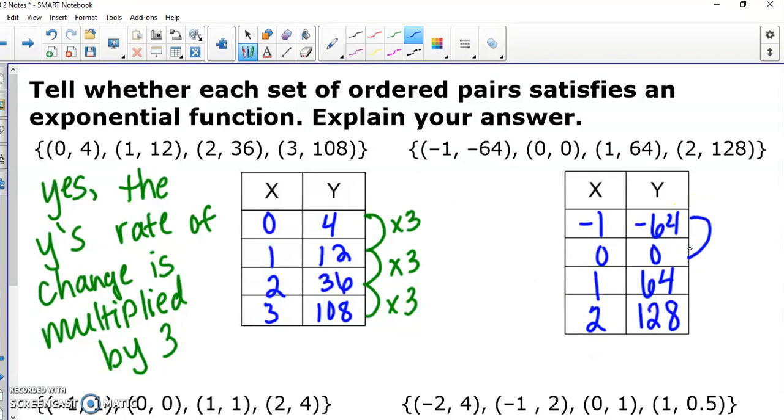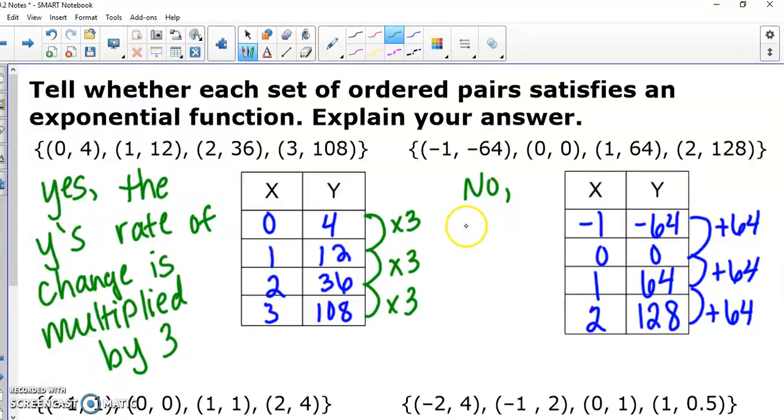Here, I either multiplied by 0 or I could have added 64. And if you notice, I'm adding 64 each time, so that appears to be my pattern. Since this is increasing by 64, but we're just adding, then this would be no, it's not an exponential function. It has to be multiplication.